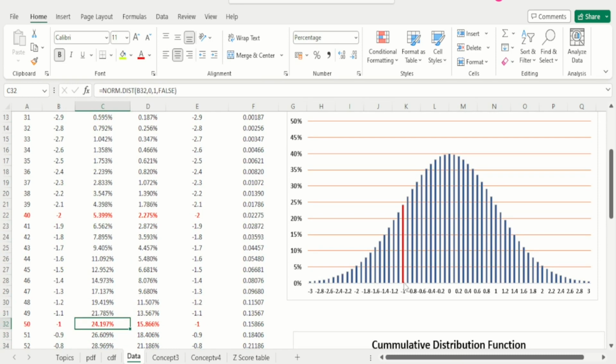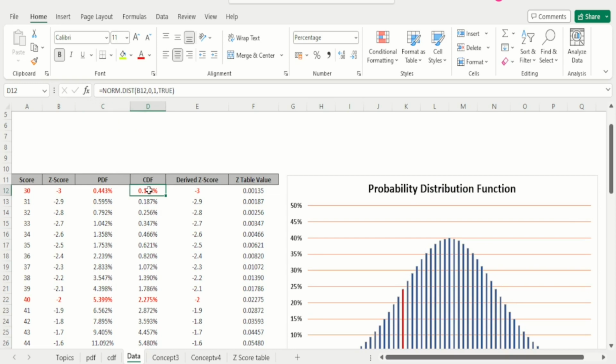If you see the red colored column on the graph, the height of that red colored column represents the probability density at the point -1. As you can see, the height of this column is 24.197. That is the probability density at the point -1. That is how this is to be interpreted.